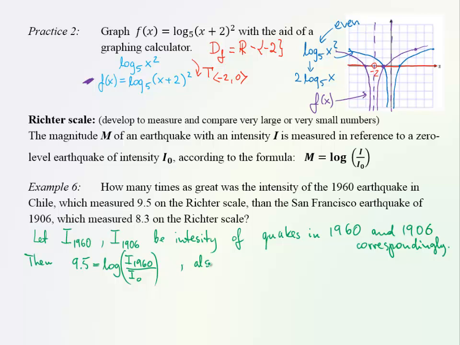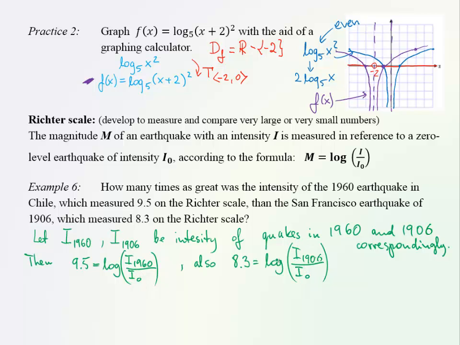Also, the second one, 8.3, equals log of I 1906 over I0. That's what we know. What we want is the ratio between I 1960 and I 1906, because we want to know how many times this is greater than that. So we're really looking for the ratio between those intensities.